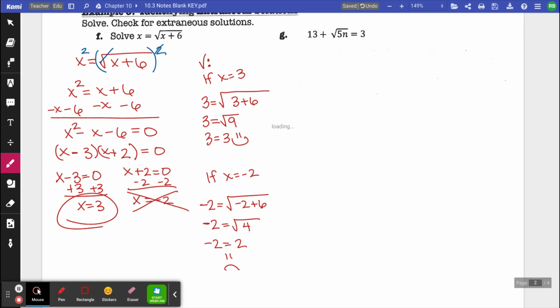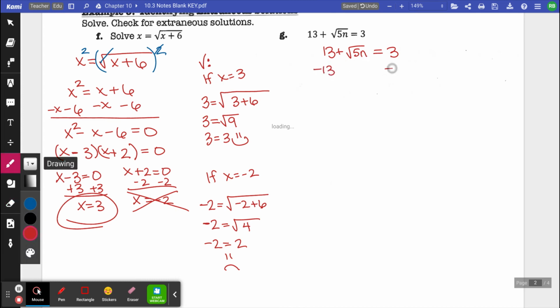Okay? All right, let's do 13 plus root 5n is equal to 3. So let's get the radical alone. In order to get this alone, we first have to get rid of 13. So let's subtract 13 from both sides. We have the square root of 5n is equal to negative 10.